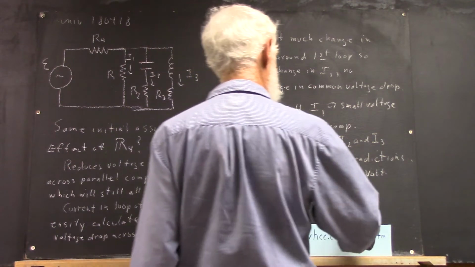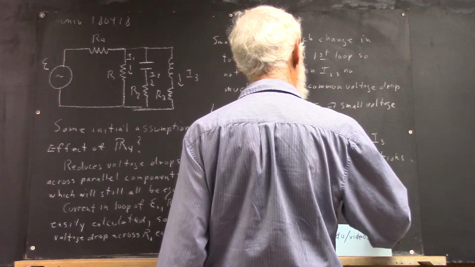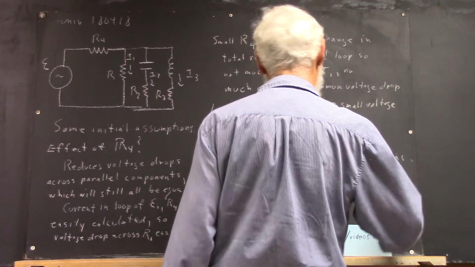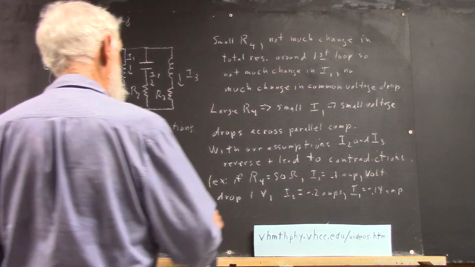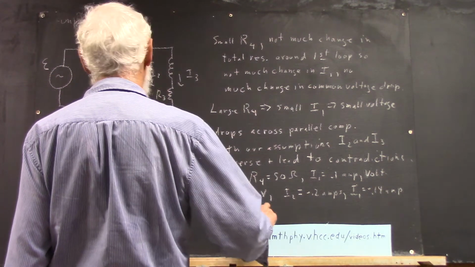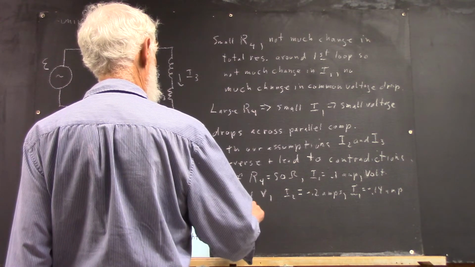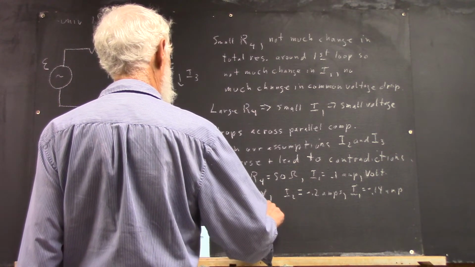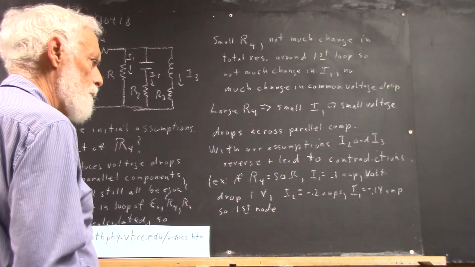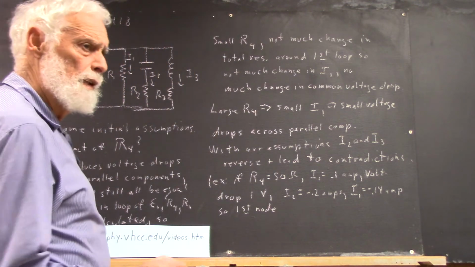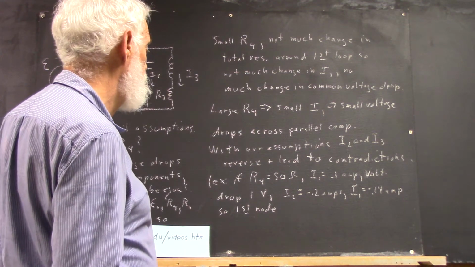And I3 is negative 0.14 amps. Wait a second, I thought I1 was 0.1, not negative 0.14?